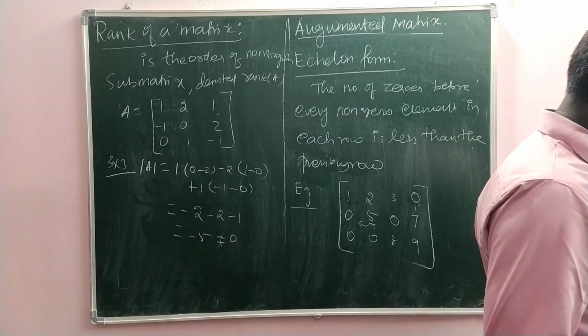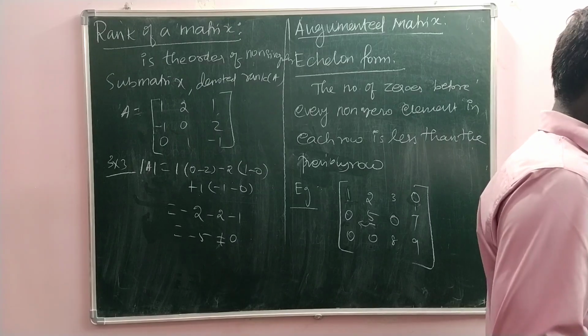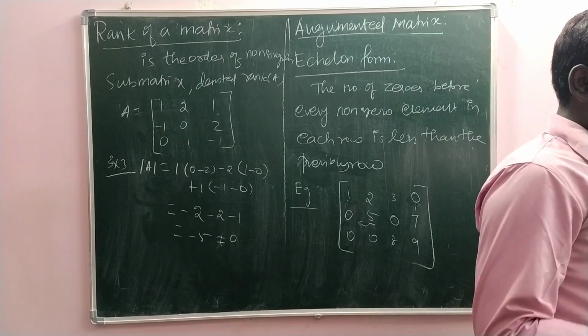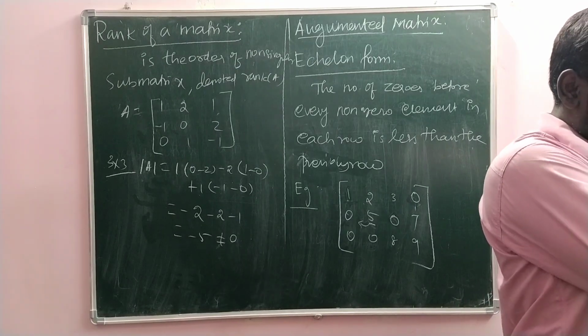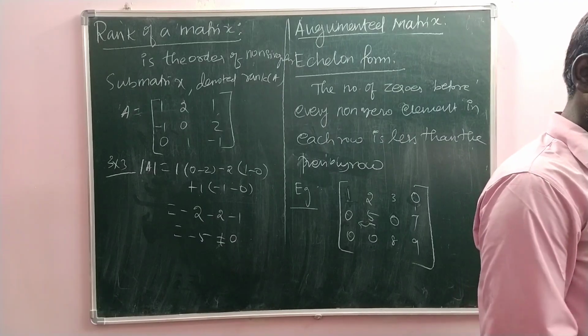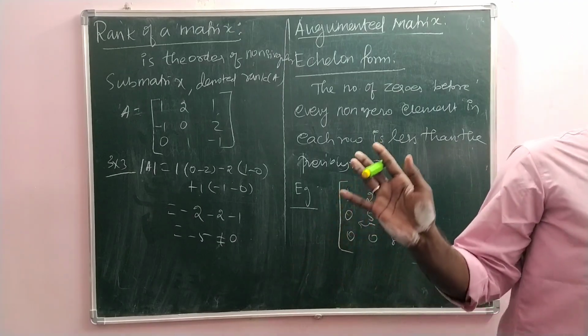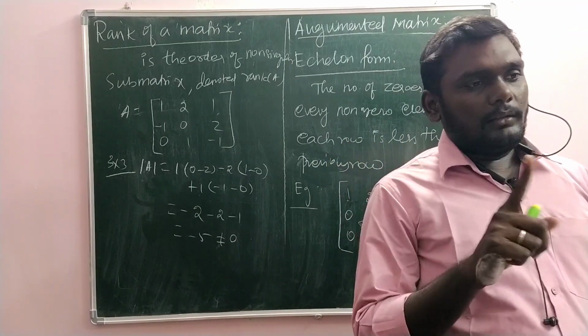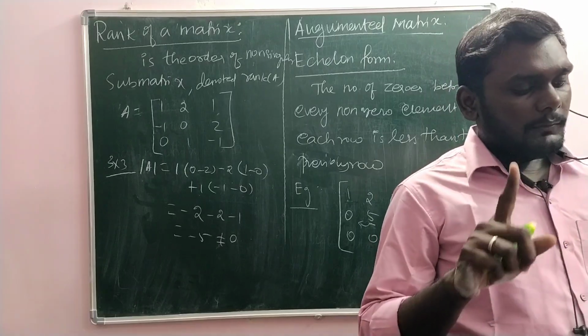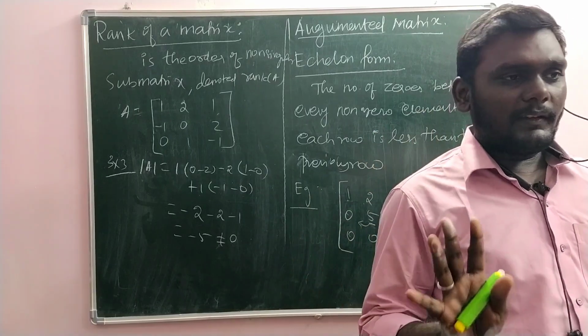Now, rank of a matrix is done, and there are some notes. If A is a non-zero matrix of order 3 by 3, then the rank of the matrix A is, like we discussed, 1 when every 2 by 2 submatrix is singular.